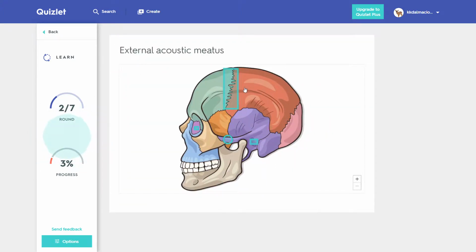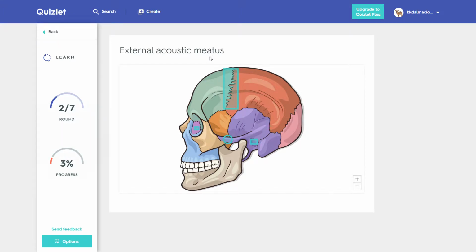The external acoustic meatus. That's also similar to a suture, except I thought this was the coronal. Huh. External. Oh, that's probably not that.